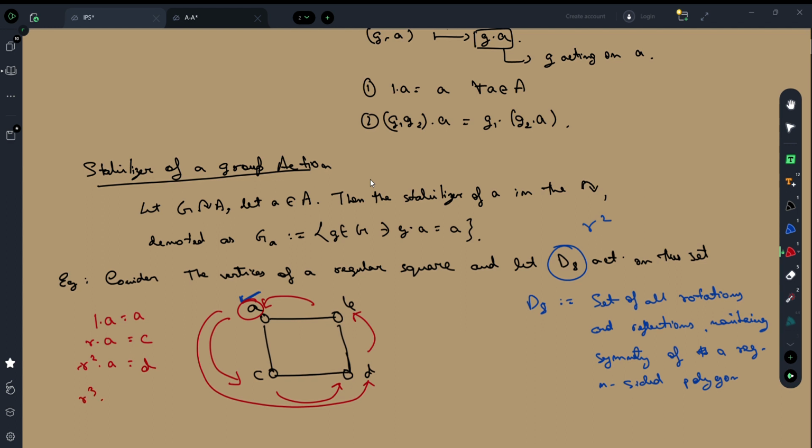Similarly, R cube dot A will make A go to B, right? And then R to the power 4 will bring A back to A, so it's the identity rotation. I guess now the sense is clear of what a group action typically means.